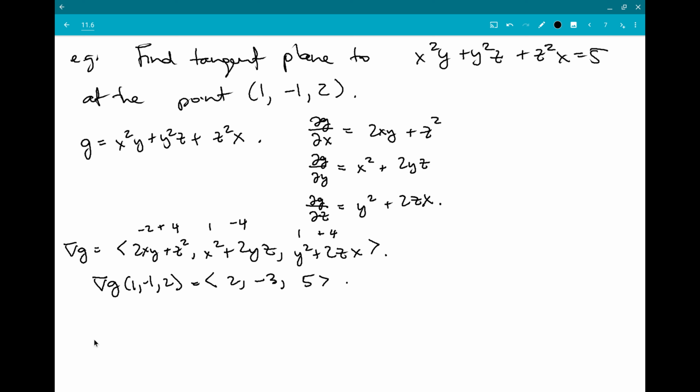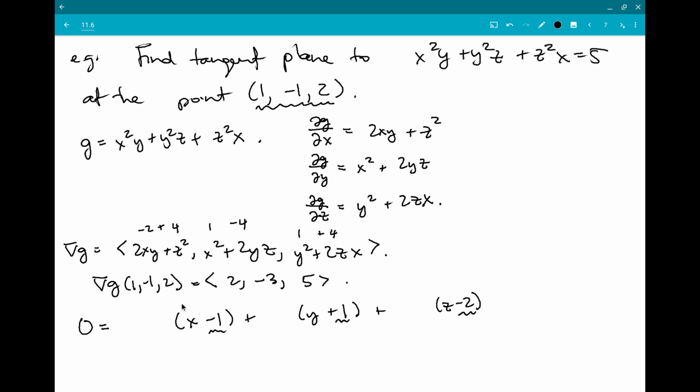And so my tangent plane is going to have 0 equal to something times x minus the point I'm dealing with, plus something times y minus the point I'm dealing with, plus something times z minus the point I'm dealing with. So these values right here came from the original point I was given up there.